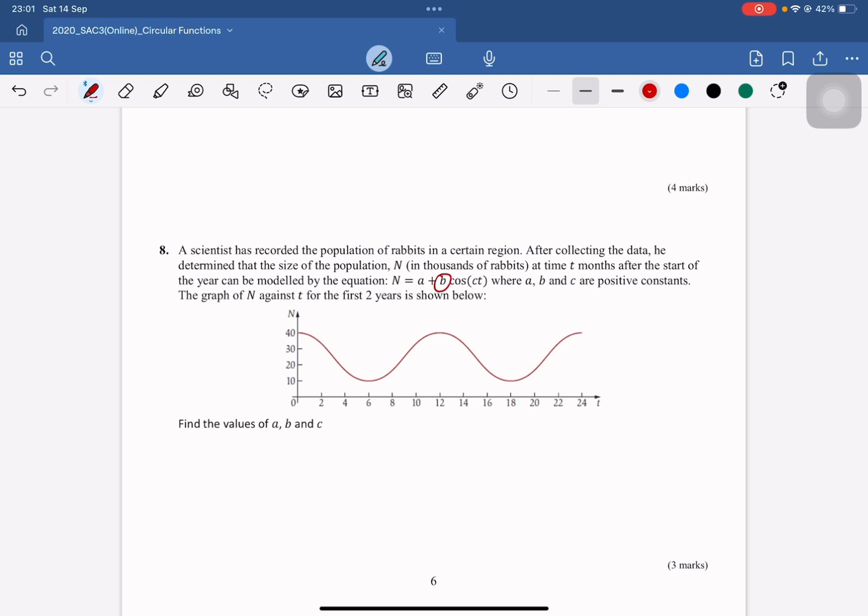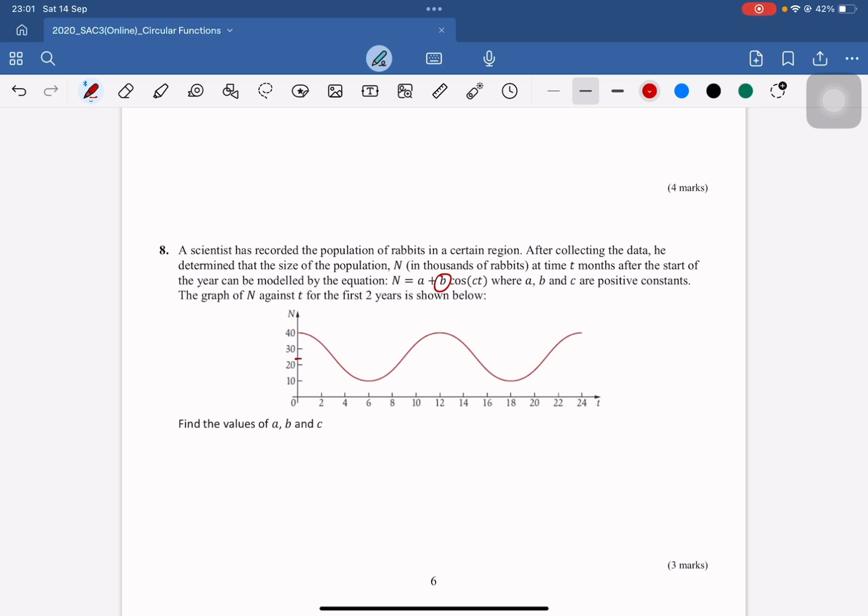Well, 40 all the way to 10. That's 30. Yeah, that's 30, exactly right.